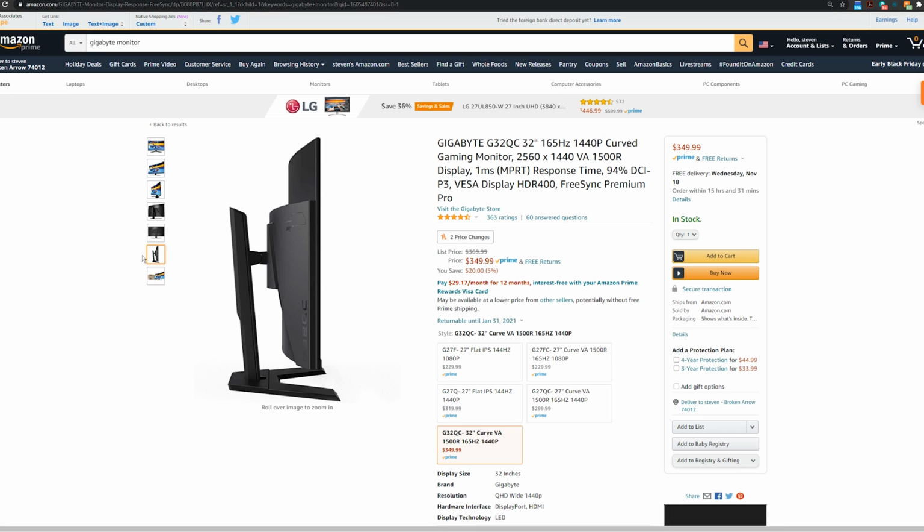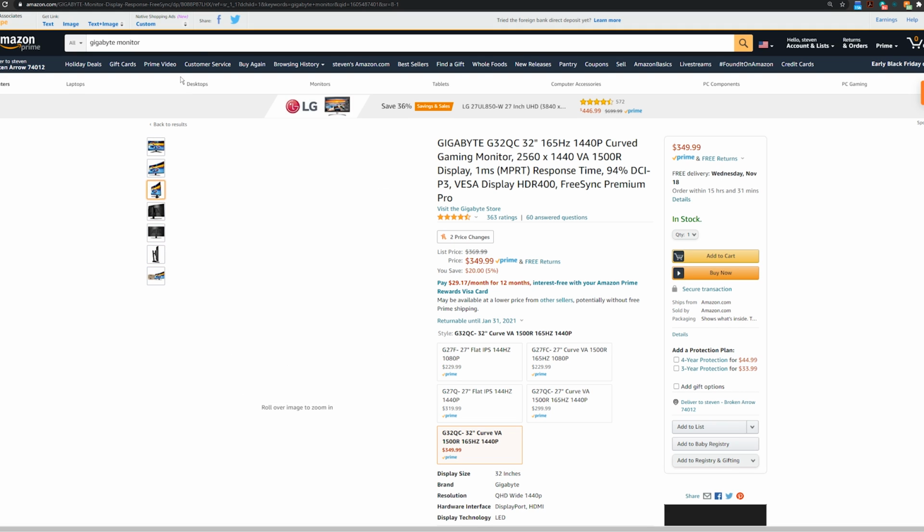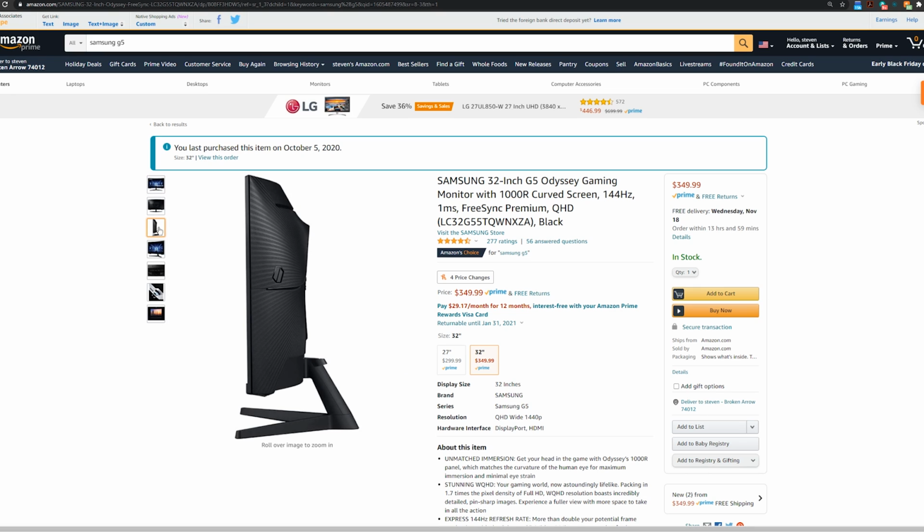I do also want to mention that both of these are VA panels. The next big difference is that this has a 1500R curve. When you look at curves, you have flat, 1800R, 1500R, and now with the Samsung, they're jumping to the 1000R curve. The 1000R curve, from what they've been saying, and if you watch any of Linus Tech Tips videos, he dug through that and mentioned in one of his videos that there's research to back the fact that the 1000R curve really matches the curve of your eye.